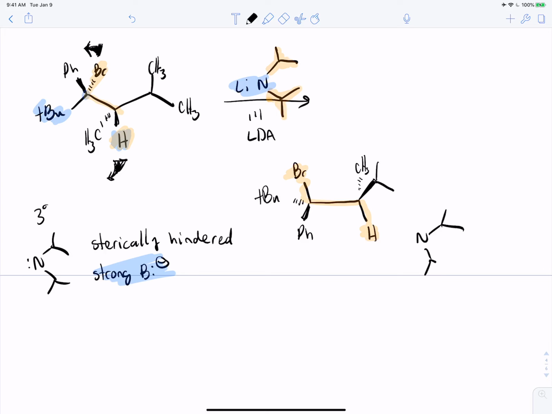And again, the question isn't asking to draw this out, I'm just doing this because I think it's informative. And our stereochemistry is such that everything on the front bonds, which is this, and everything on the back bonds, this and this, will still be on the same sides in our product.